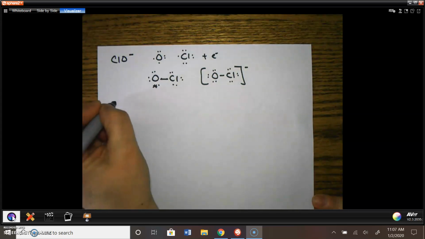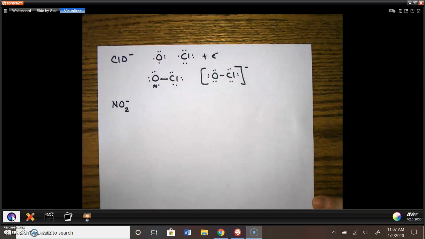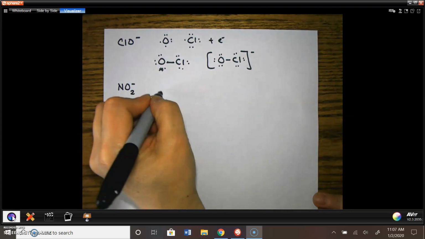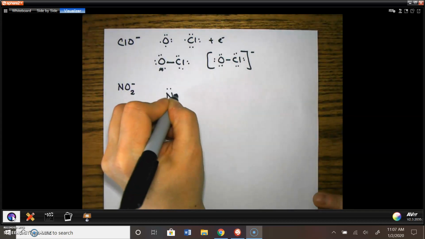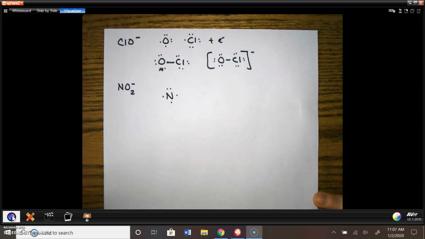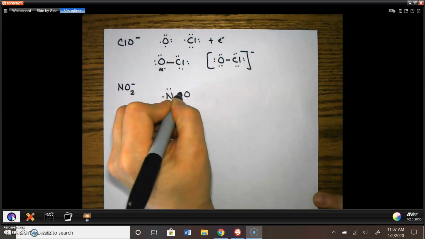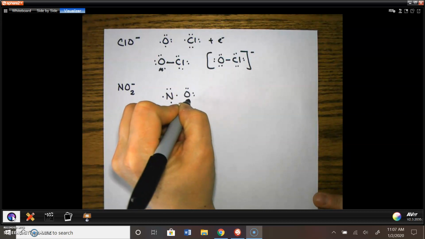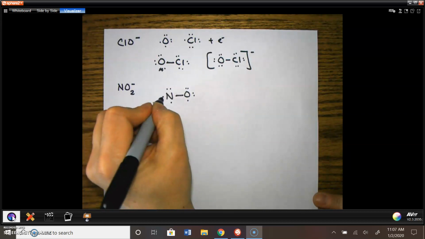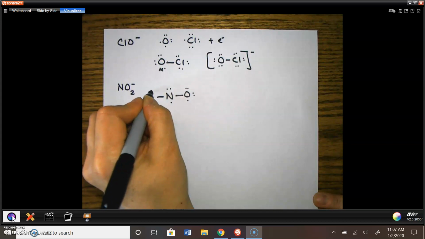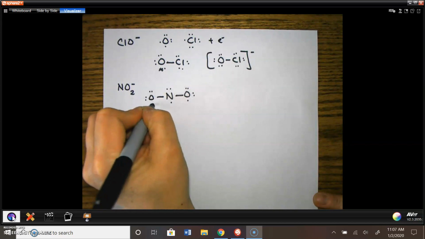Okay. How about if we do NO2 minus, nitrite? Okay, so nitrogen has the 5 electrons. Each oxygen has 6. So I know I need at least one bond to each oxygen.